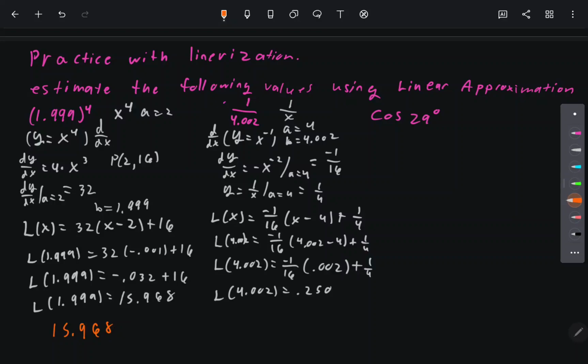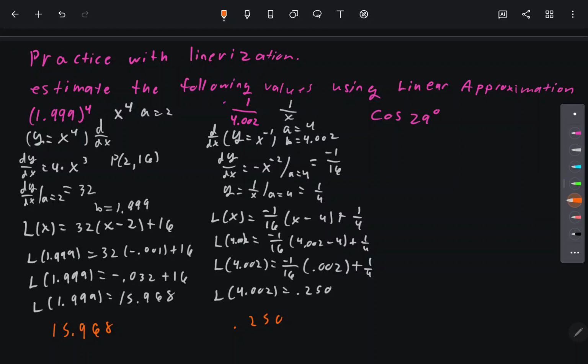Of course, there's a bit more decimals in this one, but that is still a very close approximation. For the second one here, we get 0.250. Again, a very close approximation here.